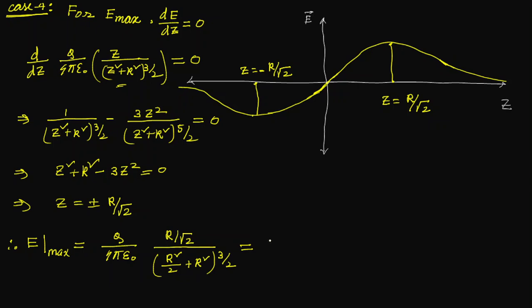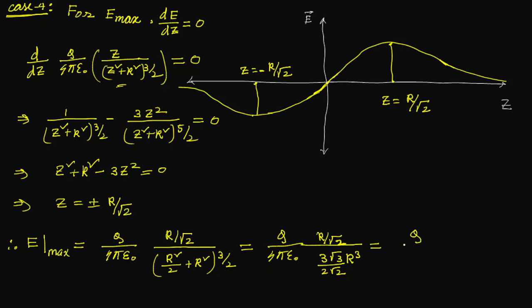In the numerator we have R square divided by 2, and from the denominator we get (3R square divided by 2) whole to the power 3 by 2. So we can write 3 into root 3 divided by 2 into root 2. When we simplify, this root 2 will multiply with the numerator, so root 2 will cancel out.